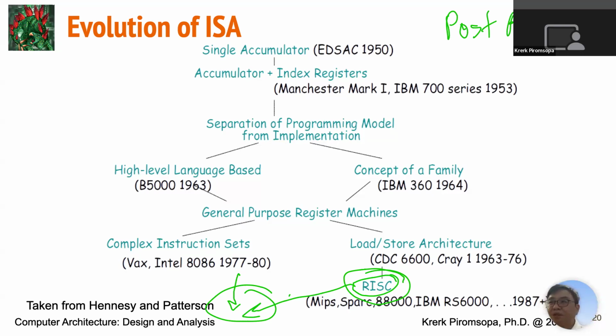Now we are here. Even though you see that it's a register memory machine, inside is a register machine. So there's no more debate about which one is better. Proven, the register machine is better. Even Intel uses it now. But that is also a problem in itself. Why? Because internally Intel uses registers, but outside the processor, it's register memory.